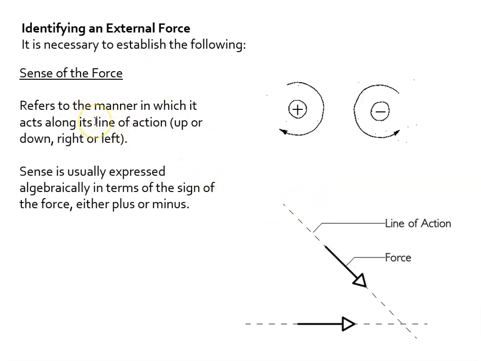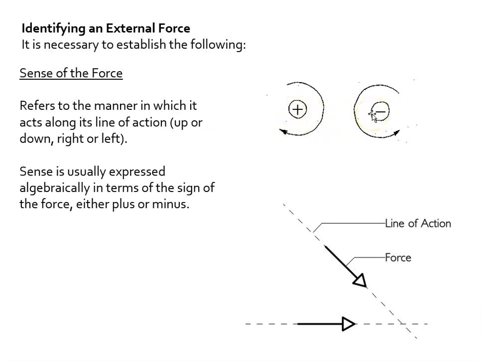So it's going to be positive or negative, and this is just something that's set up before you do the math. You say that everything up is positive, everything down is negative, everything to the right is positive, or vice versa, as long as you're consistent with your senses. Everything that goes clockwise is positive if we're talking about moments and rotation. Everything that goes counterclockwise is negative. If you're consistent with your rules, it doesn't matter which is positive and which is negative.